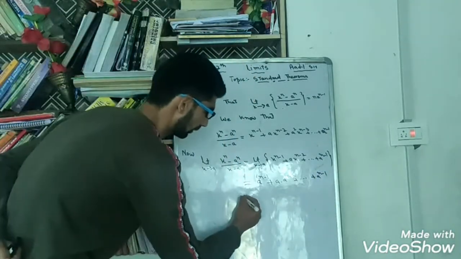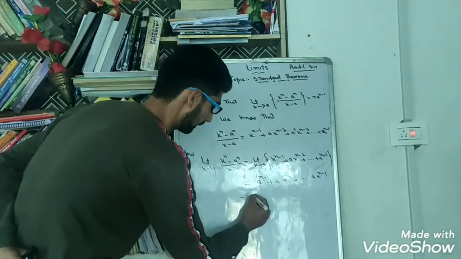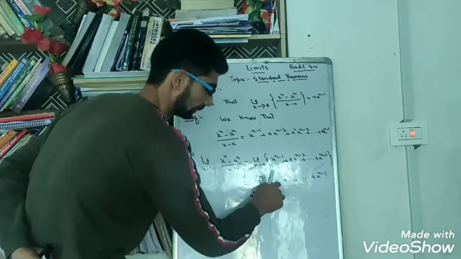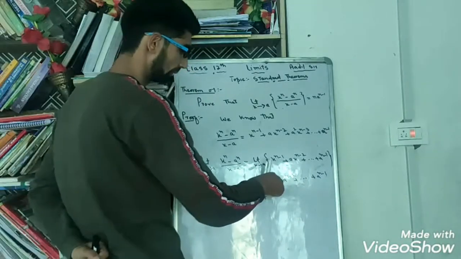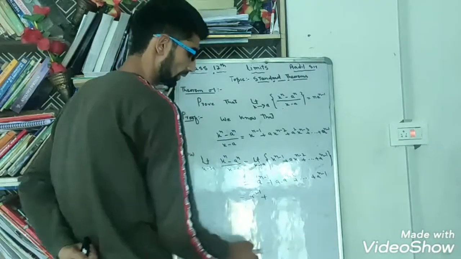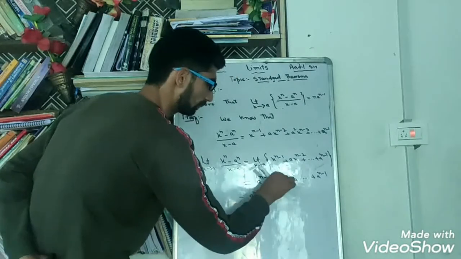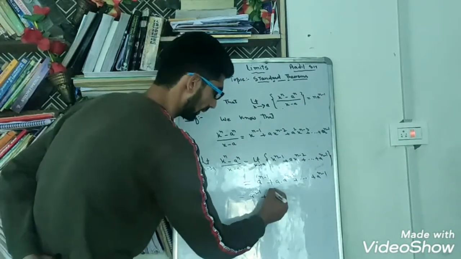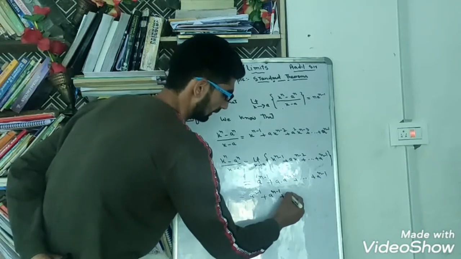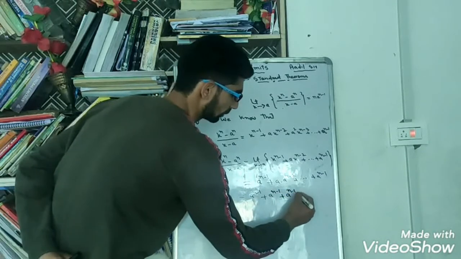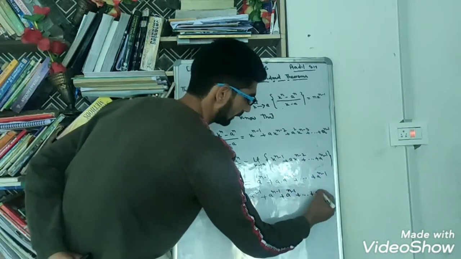Now beta, this is equal to a^(n-1) plus, because the bases are the same, the powers are added. So this is a to the power 1 and a to the power n-2. When I add the powers, it becomes a^(1+n-2), that is a^(n-1), plus a^(n-1), plus and so on, plus lastly I will get a^(n-1).